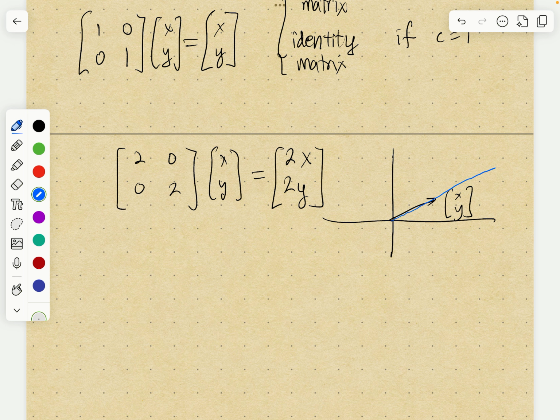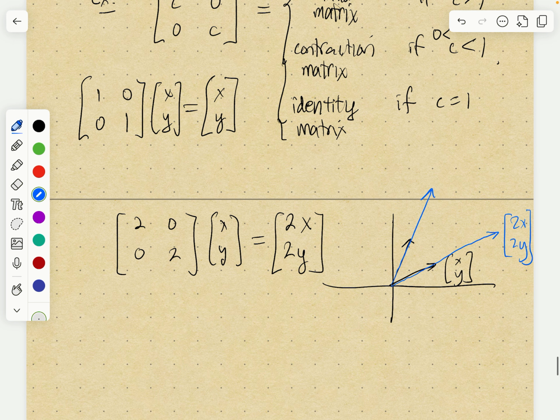So you're going to double the length while keeping the same direction. And now just imagine doing that for every point on the plane. Right? It's going to stretch out the whole plane. What you're going to get as a result is still the xy plane, but it stretches everything by a factor of 2.